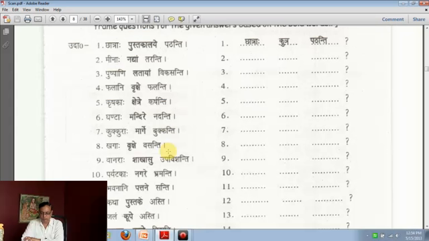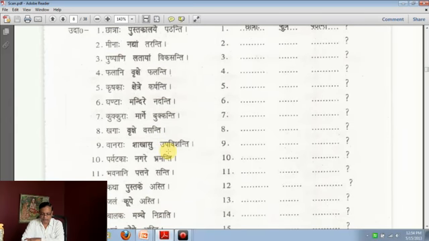Khagaha vrukshe vasanti. Khagaha kutra vasanti. Where do the birds live? Birds live on a tree. Make it interrogative: Khagaha kutra vasanti. Khagaha vrukshe vasanti. Right. Ninth. Vanaraha shakhasu upavishanti.